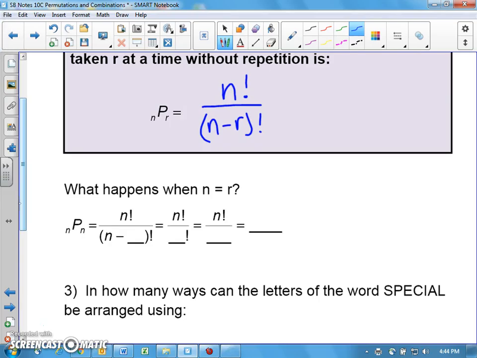Let's think about this a minute. n factorial over n minus r factorial. Well, in this case, r is also n. n minus n would always be 0, and if you remember, 0 factorial is defined to be 1. Anything divided by 1 is the number itself. So that's what we found.